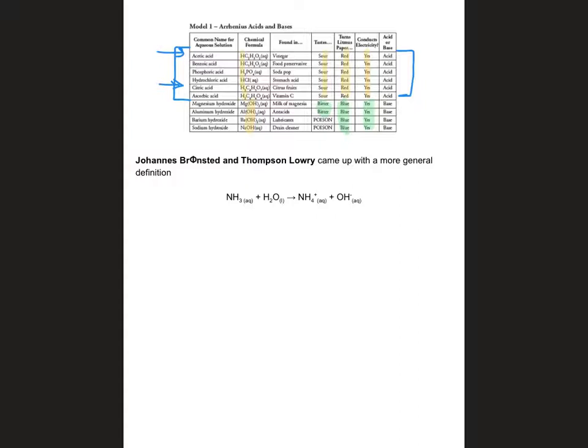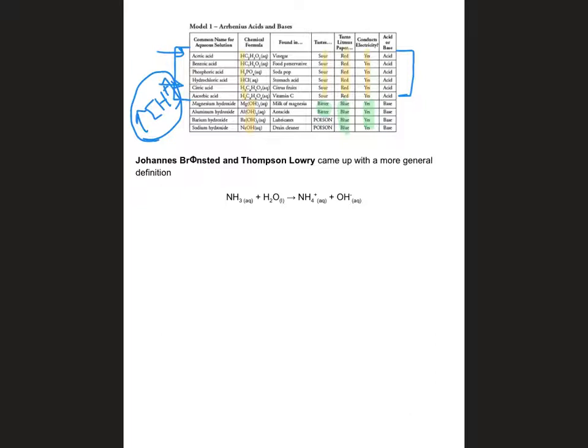So for the Arrhenius acid, the acid is something that will increase the concentration of protons. So it has something that will give up protons. Okay, so these square brackets mean concentration.